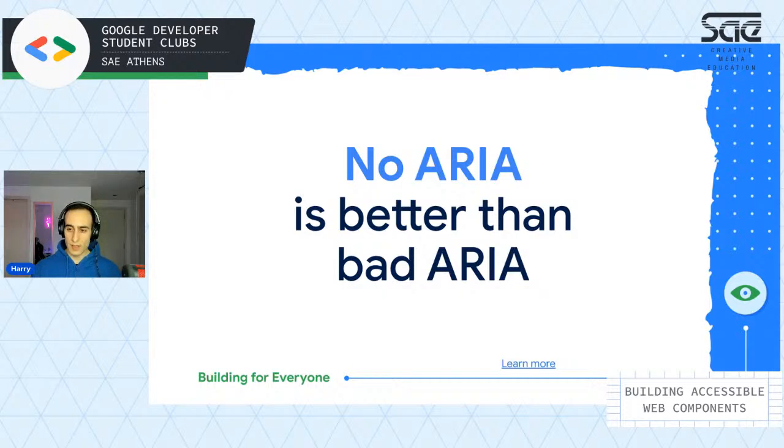It's not to replace, it's just finding the missing parts. If you have to use it, then use it. But as a rule of thumb, if you find yourself having to use ARIA to make something accessible, then maybe the whole structure should be revised.